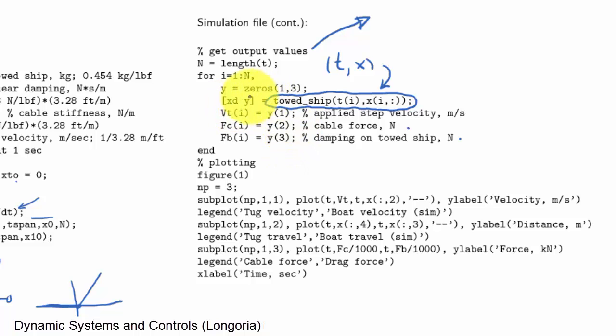So I go back into toad ship, I send it the time and the actual states, and remember, it'll compute those velocities and forces again. Anything that you put in this y vector, it sends right back in the y, so that you can plot down here together with everything else these dynamic variables that are functions of state.